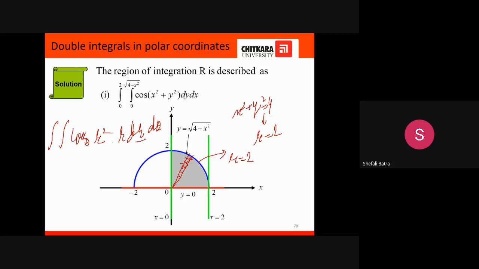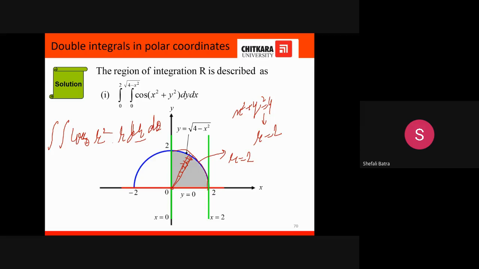Now please tell me what will be the limit of r and what will be the limit of theta. Only this highlighted region is the region of integration. Tell me the limit of r. For the limit of r, your strip is starting here.